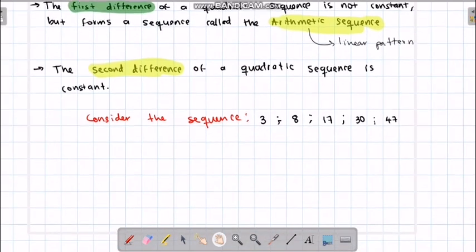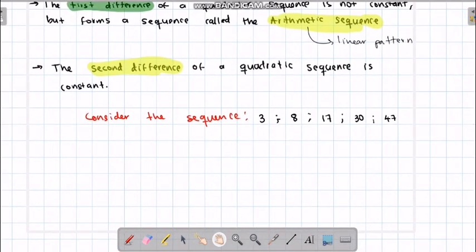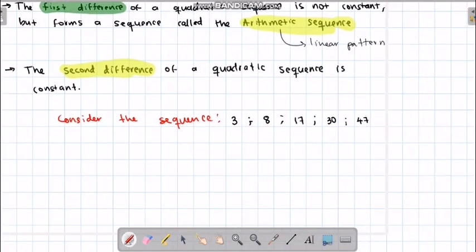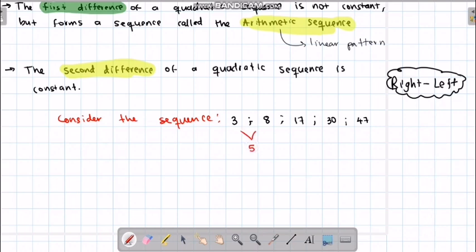Now let's check. We are given a sequence. Is it arithmetic, quadratic, or geometric? Remember, how do you find the difference? The term on your right minus the term on your left. We don't say left minus right, otherwise you'll be wrong. So what is 8 minus 3? It's 5.